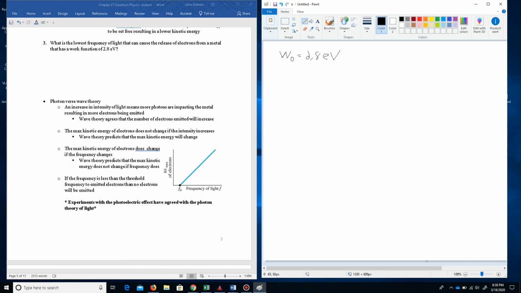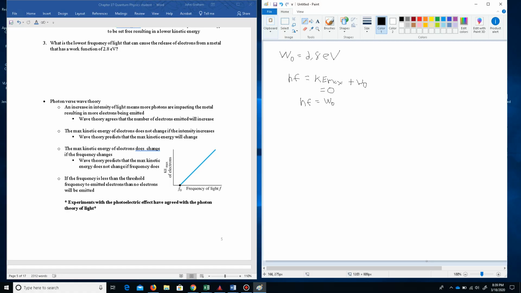We can use this equation, hf equals KE max plus the work function. But they want the lowest, and the lowest is going to be when your KE max is equal to 0. And so in this case, your hf is going to equal your work function.